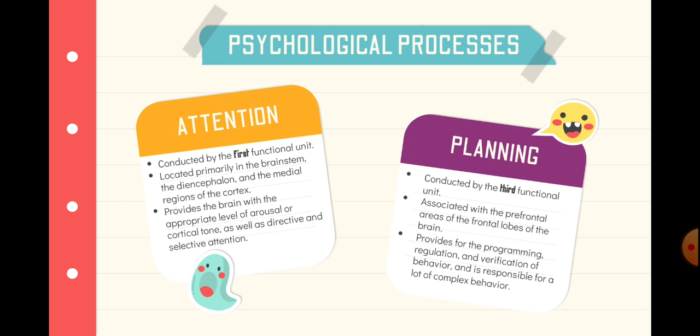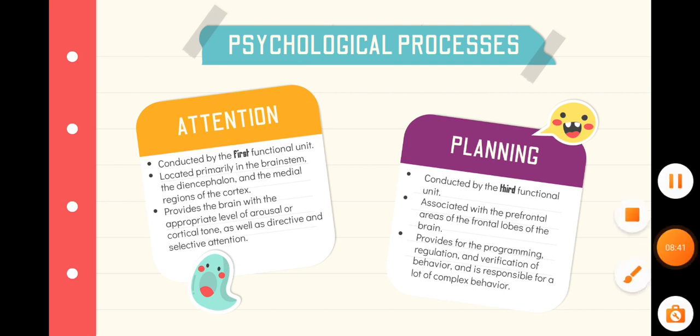The first process is attention. Attention is conducted by the first functional unit, and it is located primarily in the brainstem, specifically in the diencephalon and the medial regions of the cortex.